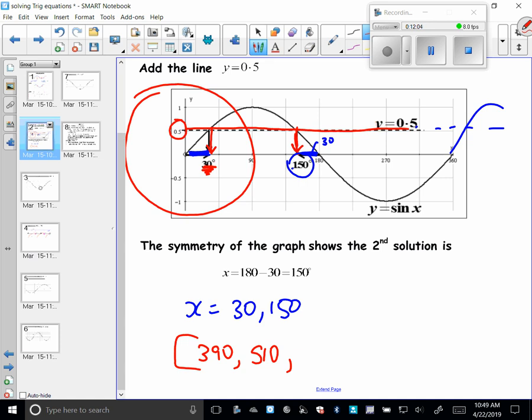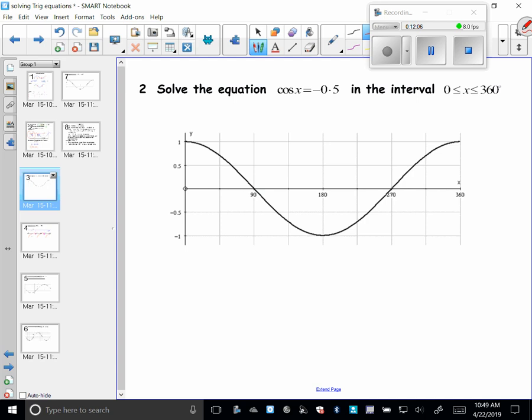Pretty easy. Next one. So this one's a cos. There's a lot less written here, so you're going to have to write a lot more. I did the first one for you, so I've done your sketch for you. It goes between 0 and 360, and our interval happens to be between 0 and 360, which is helpful.